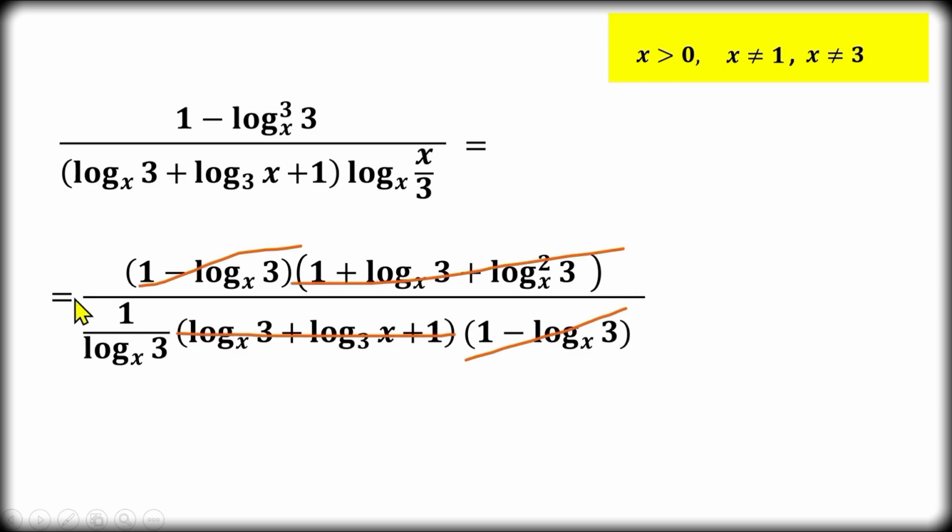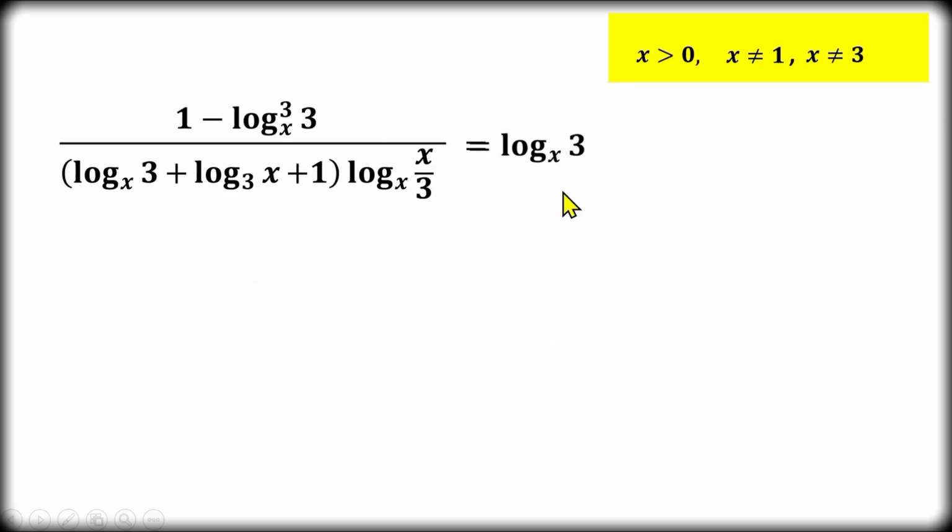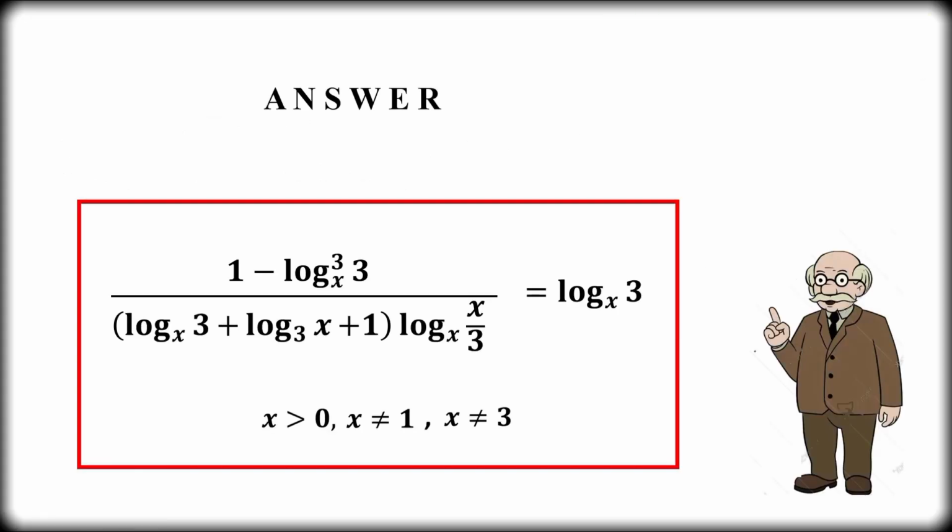And as a result, we have here a very simple formula. Our expression is equal to log x of 3. And we have these restrictions for x. Now let's rewrite this answer in the compact form. And our problem is solved.